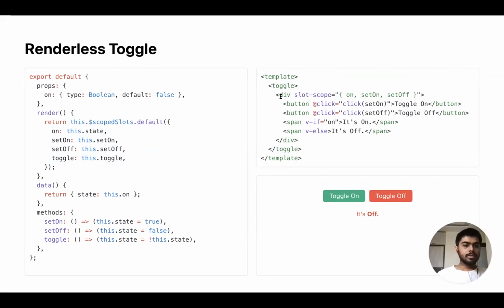And now what you can do is within this markup, you can use the context variables as you wish. So what we have is a toggle on button, toggle off button. On click of toggle on, we set it on, and on click of toggle off, we set it off. And we have a v-if conditional rendering. So v-if on, it's on, v-else, it's off. And if you see this in practice, yep, it's working.